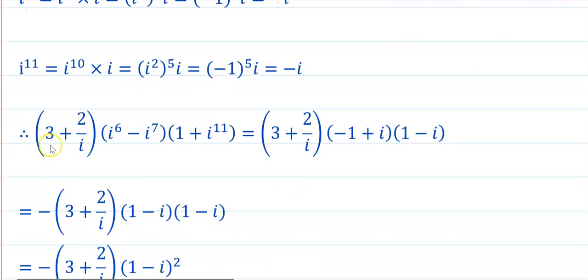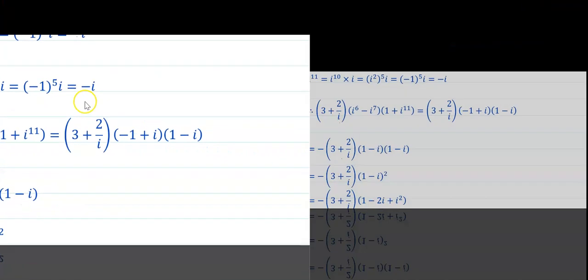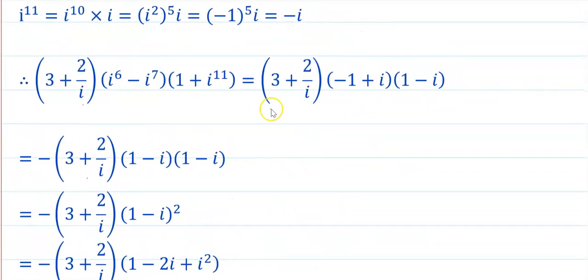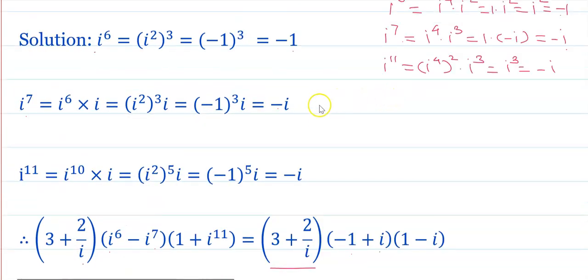Substitute the values. There is 3 plus 2 upon I as it is. This bracket is I raised to 6, which is minus 1. I raised to 7 is minus I, and that minus and minus will become plus here. Next, 1 as it is.